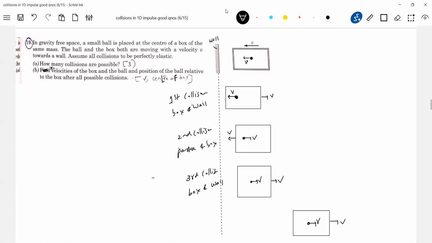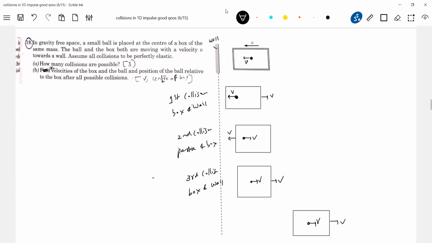Where the ball will be after all three collisions. Position of the ball is being asked. I didn't draw a diagram systematically. You're supposed to analyze through the diagrams only. After some time, how much displacement the box will have, that much displacement the ball will have. So take this as L by 2.